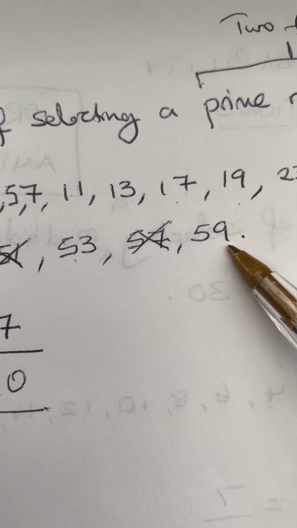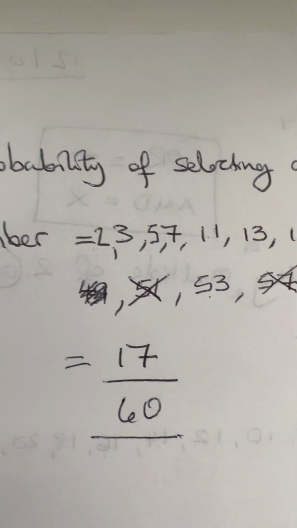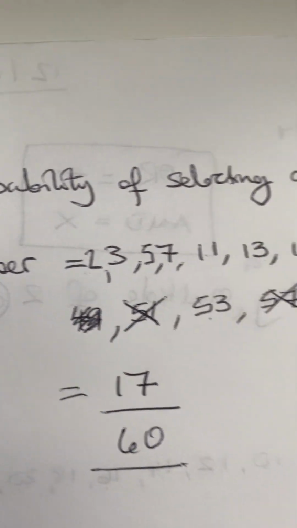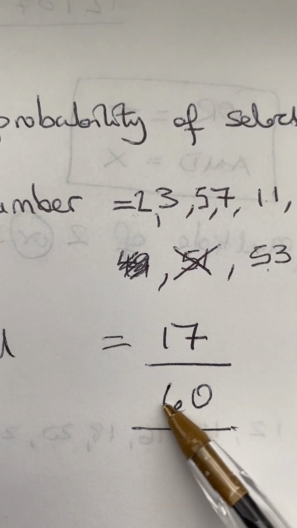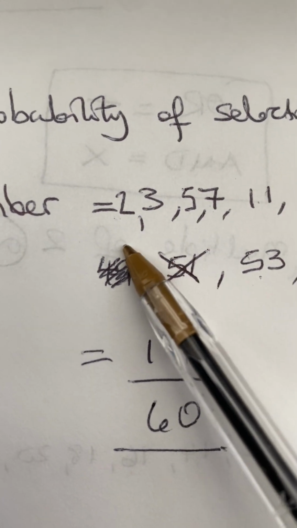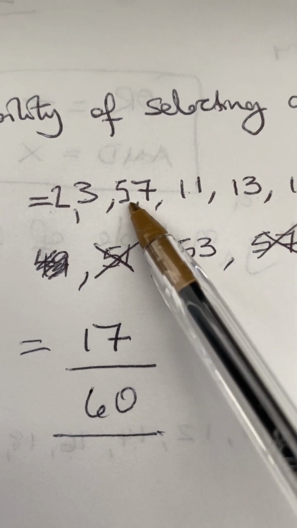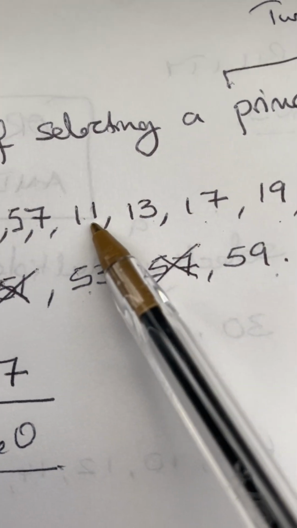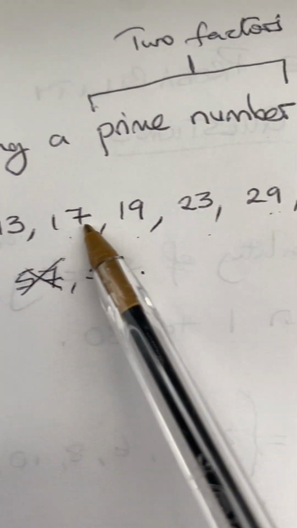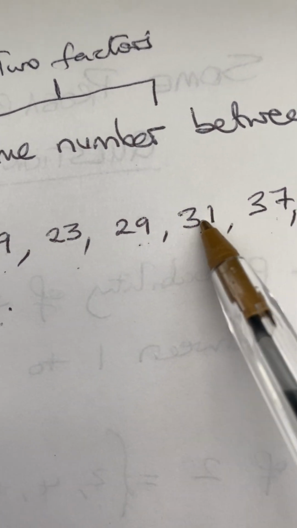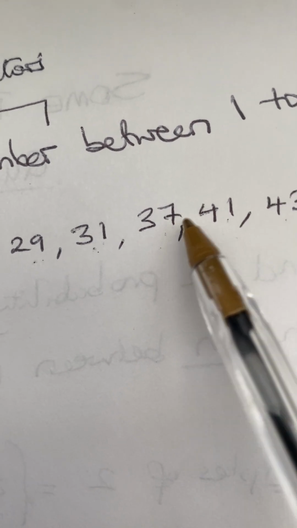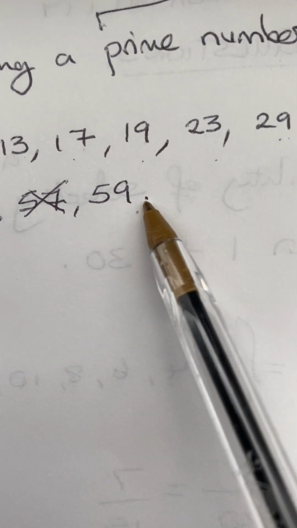Now what do we do now? We count them. So we know that the numbers are 1 to 60, so we have a total number of 60, which will be in the denominator. But what are the prime numbers? 1, 2, 3, 4, 5, 6, 7, 8, 9, 10, 11, 12, 13, 14, 15, 16, 17.